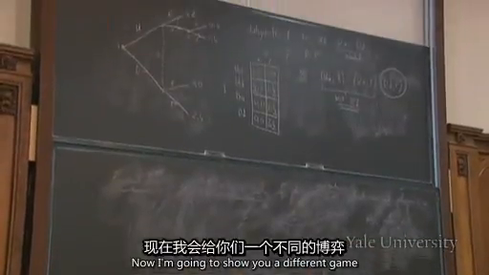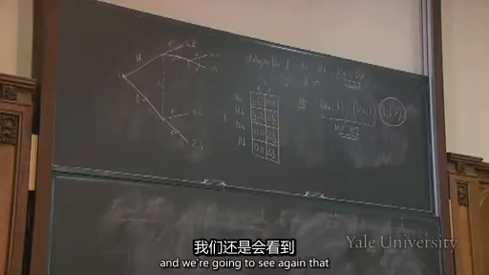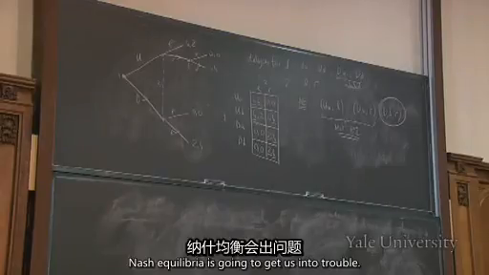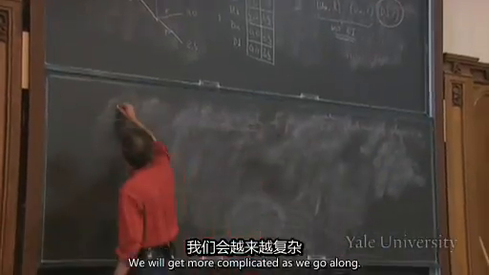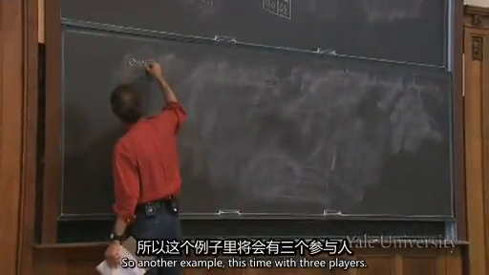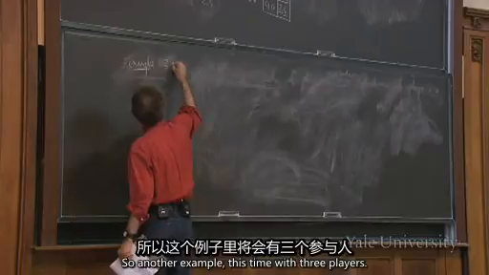Now I'm going to show you a different game, and we're going to see that again, Nash equilibrium is going to get us into trouble. This is going to be a three-player game. We'll get more complicated as we go along. So another example, this time with 3 players.